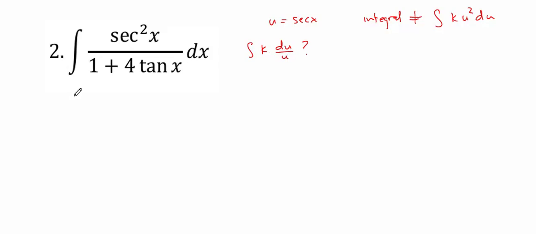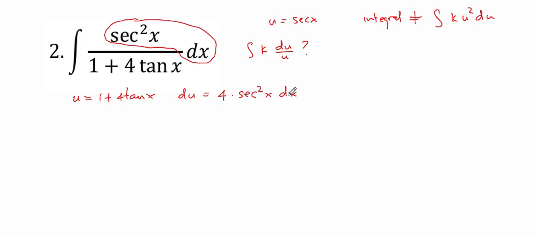So we let u be 1 plus 4 tangent of x. Ang du natin, this would be 4 times, derivative of 1 is 0. Derivative of the second term is 4, and then secant square of x dx. Notice that part of the integrand can be seen in du.